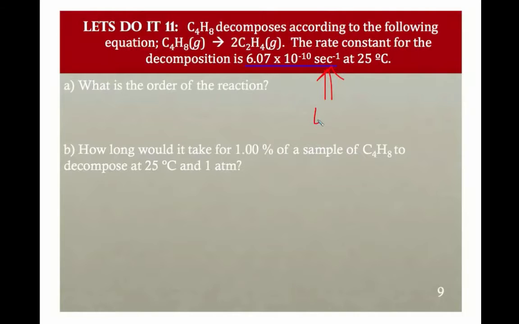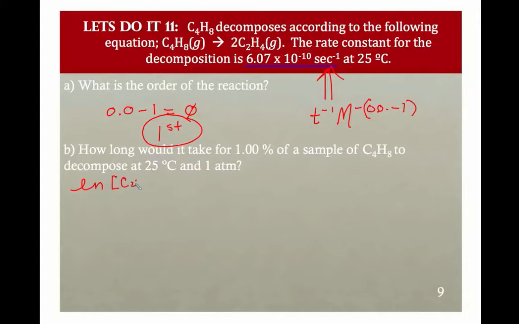So remember that the units are always time to the -1, molarity to the minus overall order -1. Now, if molarity is not showing up, that must mean that my overall order -1 is equal to 0. And if I solve for that, it means I have a first order reaction. So now I know what formula to pick up.